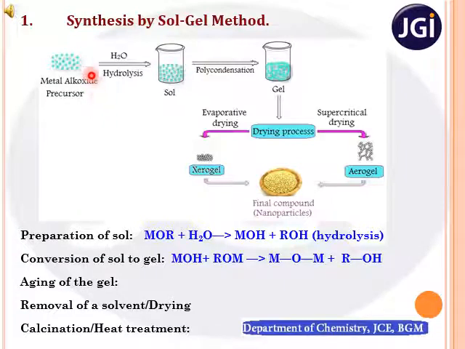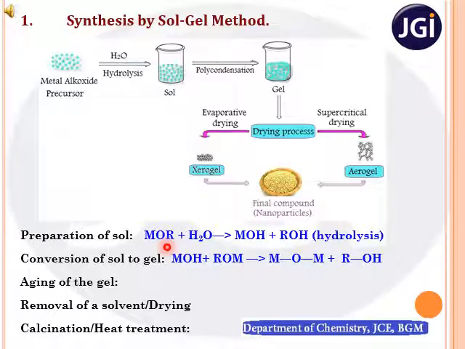Metal alkoxide means these are the compounds in which a metal is attached to one or more alkyl groups by an oxygen atom, that is MOR, that is shown here. Metal oxide attached to one or more alkyl groups by an oxygen atom.